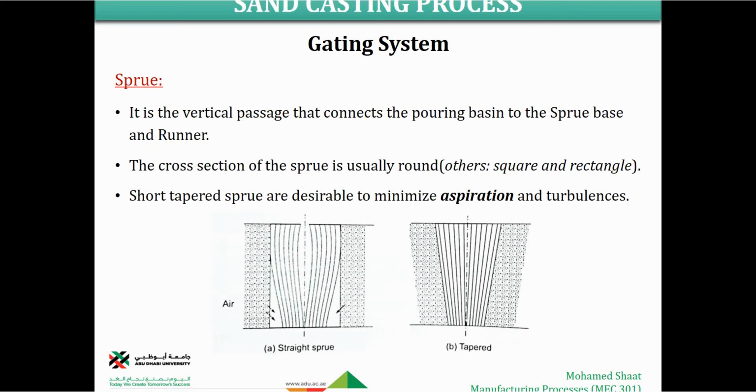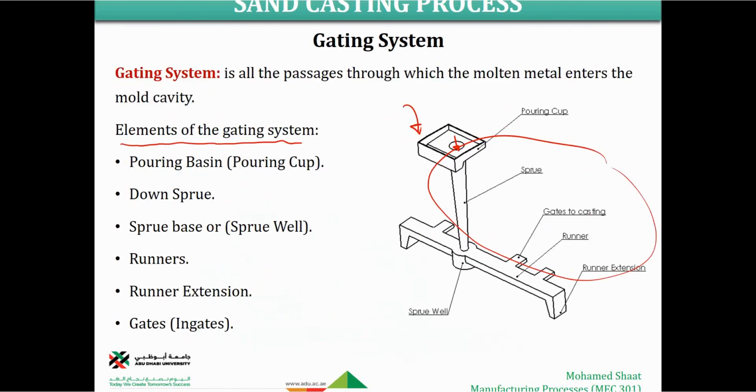The down sprue is the element which comes directly after the pouring cup. It is the vertical passage that connects the pouring basin or the pouring cup to the sprue base. The sprue base is commonly known as the sprue well. If we go back again to the gating system, this is the down sprue which connects the pouring cup to the sprue well or the sprue base.